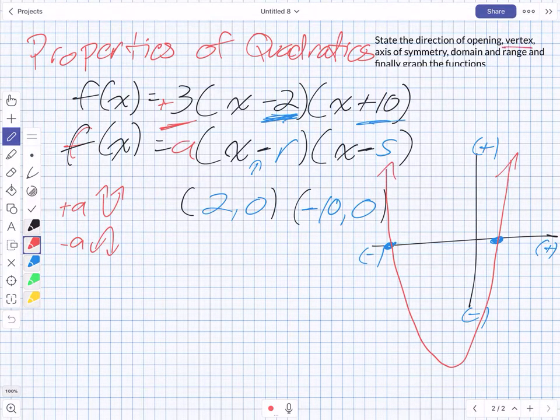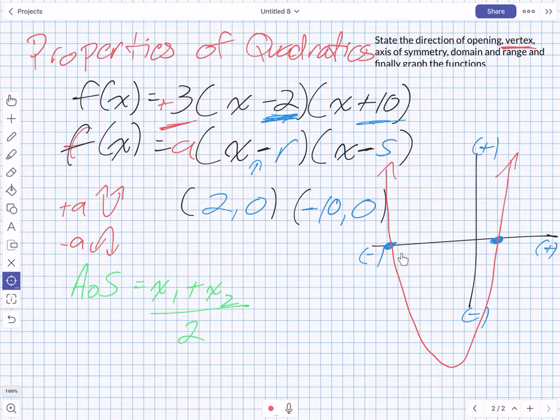One of the key things it's going to ask us is where's the vertex, okay? Now our function doesn't tell us where the vertex is, so we have to use a bit of a formula. In fact, we can use a formula that helps us with the axis of symmetry. So AOS is equal to, they call it, x1 plus x2 divided by 2. And really what you're doing is just finding the average between these two, because that's going to be the exact middle of the parabola.